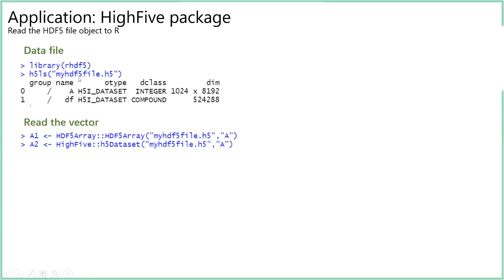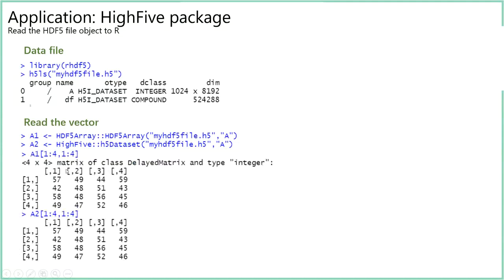So first, let's read the matrix A. Because H5 files are popular in Bioconductor, we already have the HDF5 array package to read the vector in the H5 file. And also this one, H5 data set, is the function defined in the Highfive package to read the data as an ALTREP.